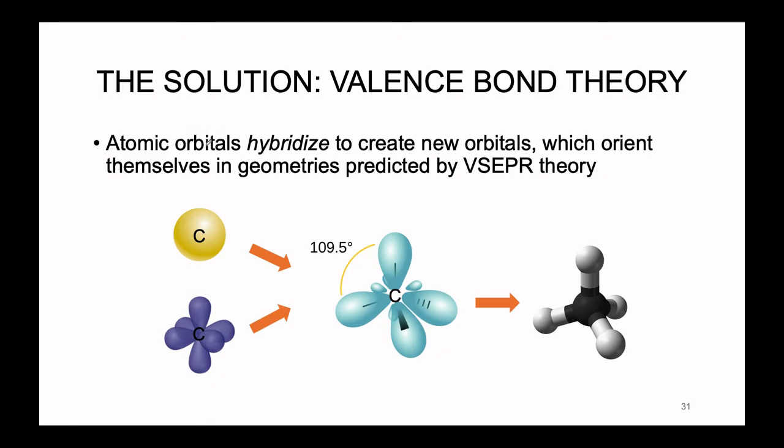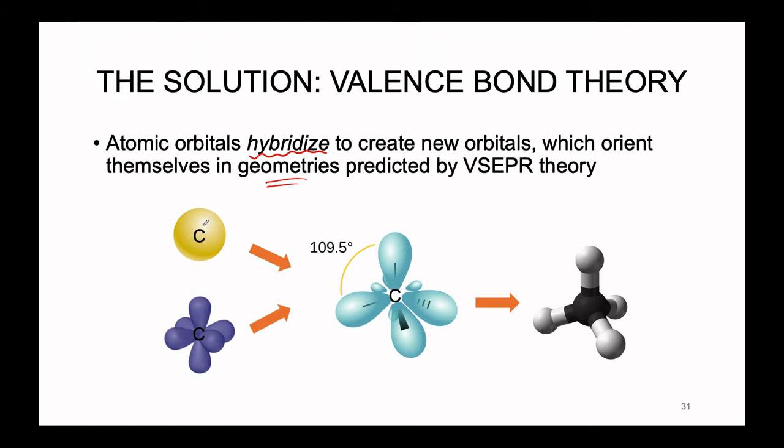So atomic orbitals, as a result, begin to hybridize together to create new orbitals as the electrons change their paths. These new orbitals are going to orient themselves in the geometries that are predicted by VSEPR theory because they are the most stable configuration for these new orbitals.